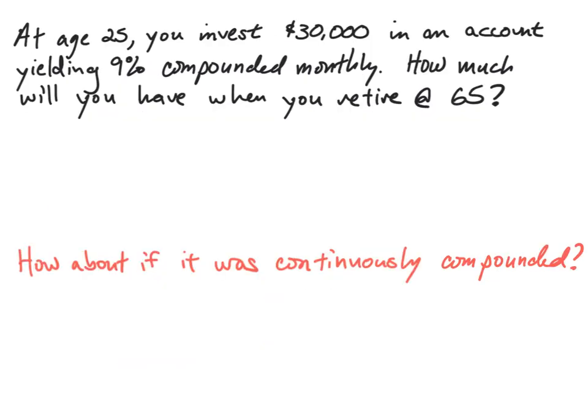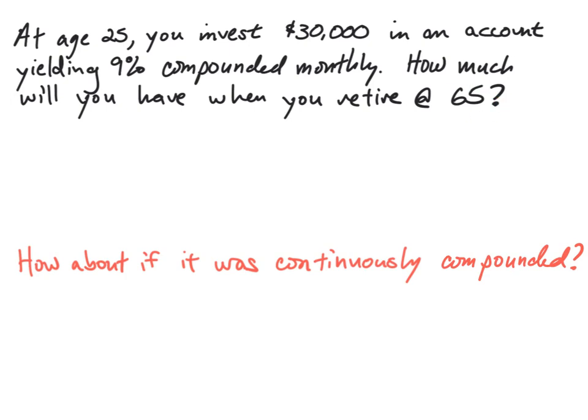On this slide, we have a couple examples here, the first of which reads, at age 25, you invest $30,000 in an account yielding 9% compounded monthly. How much will you have when you retire at 65?